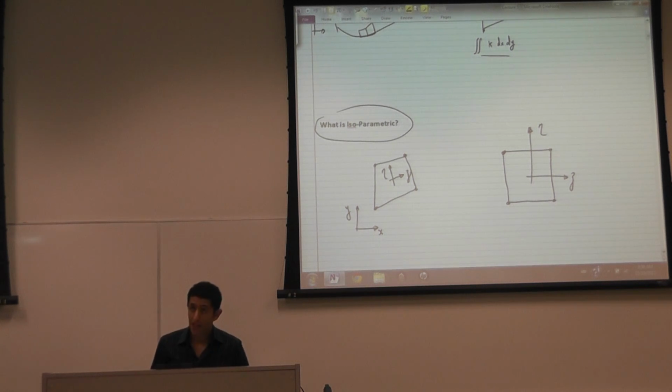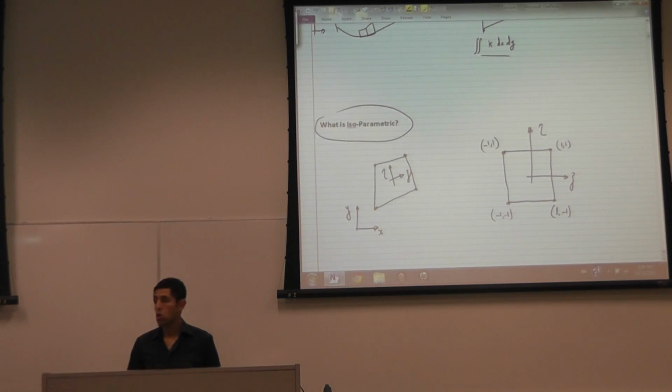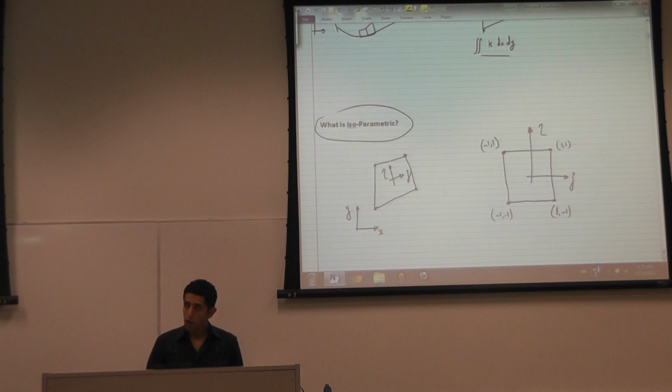Not only this, the size of the element is fixed. These are the nodes: -1, -1; 1, -1; and so on. All the elements that have these 4 nodes have this parent element that lives in a perfect world, and that has this shape.